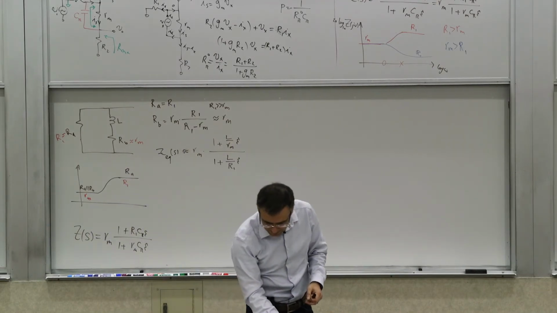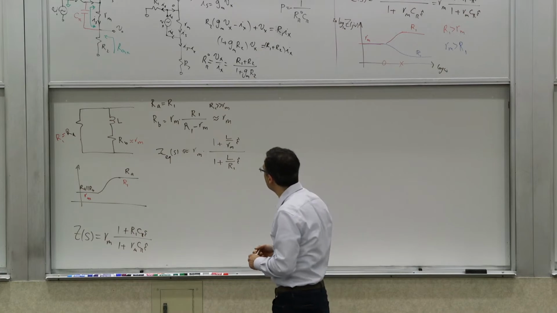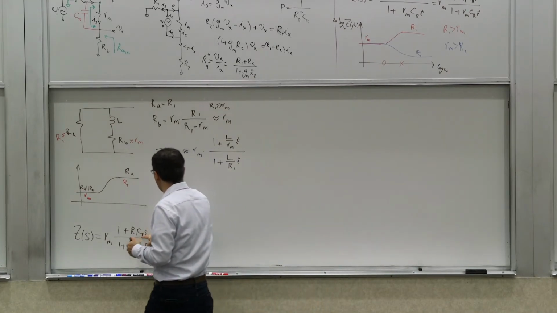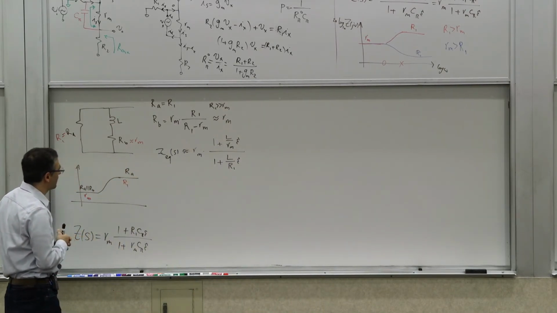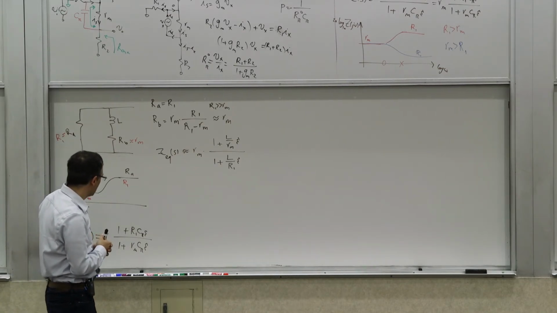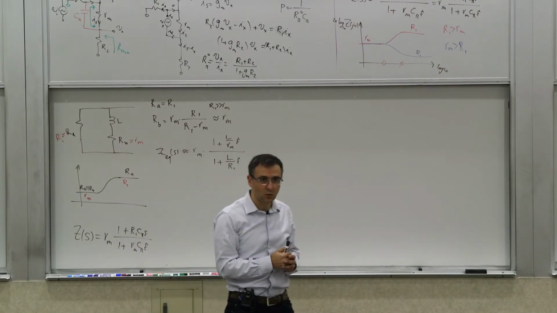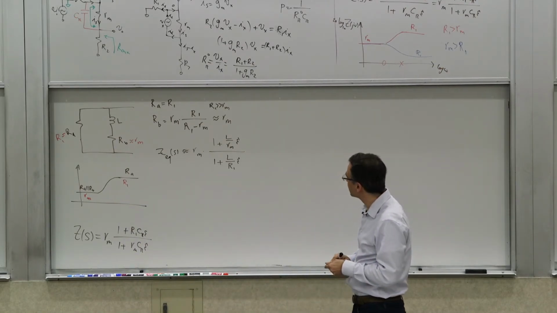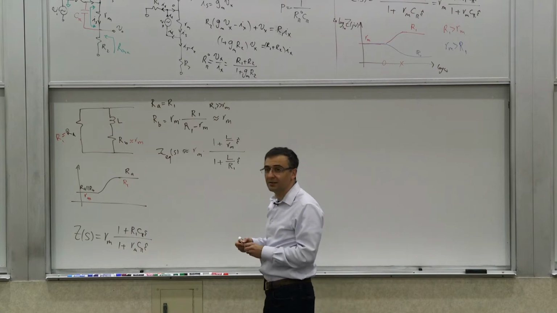So we look at this and see if it matches this guy, and if we can find the parameters. So what should L be? Is there an L that satisfies both the numerator and denominator?